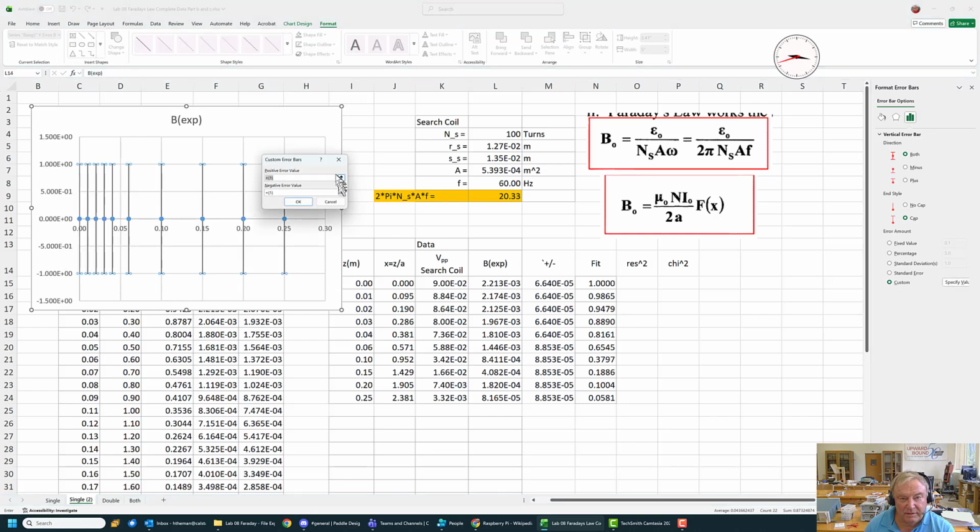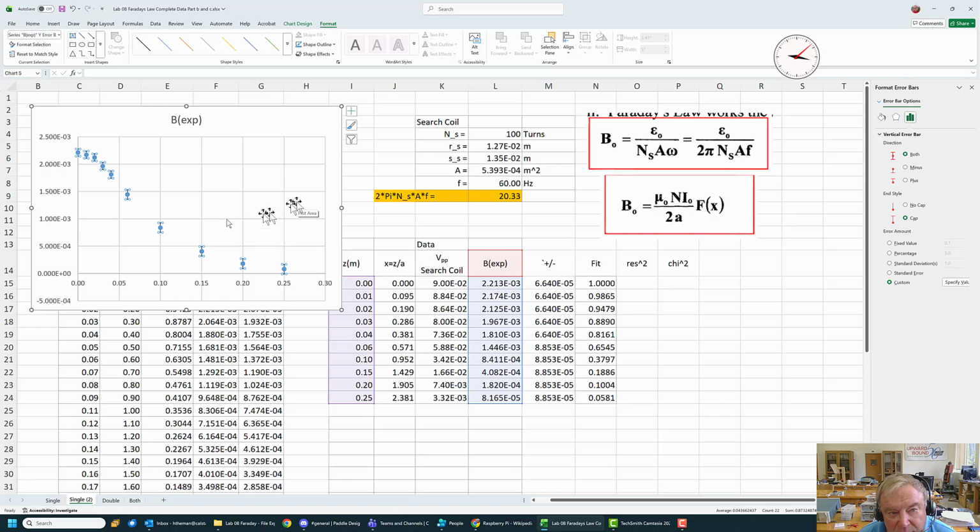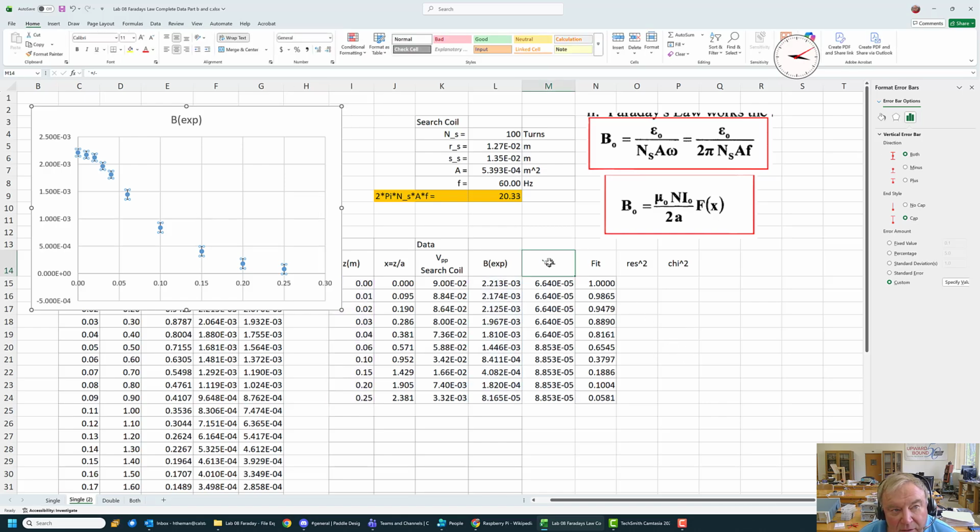Specify, and so we got here, and we've got the same ones. I hope I picked the right ones. We'll see. Oops. Okay. There they are.